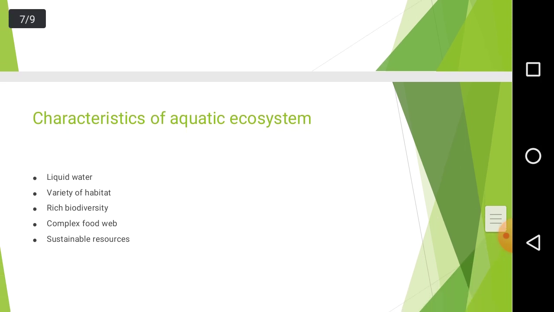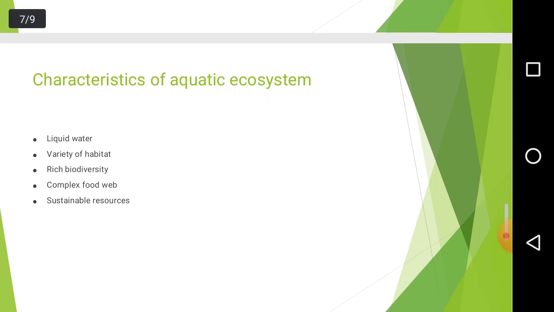Then we have the characteristics of aquatic ecosystems. 1. Liquid water. 2. Variety of habitat. 3. Rich biodiversity. 4. Complex food web. 5. Sustainable resources.